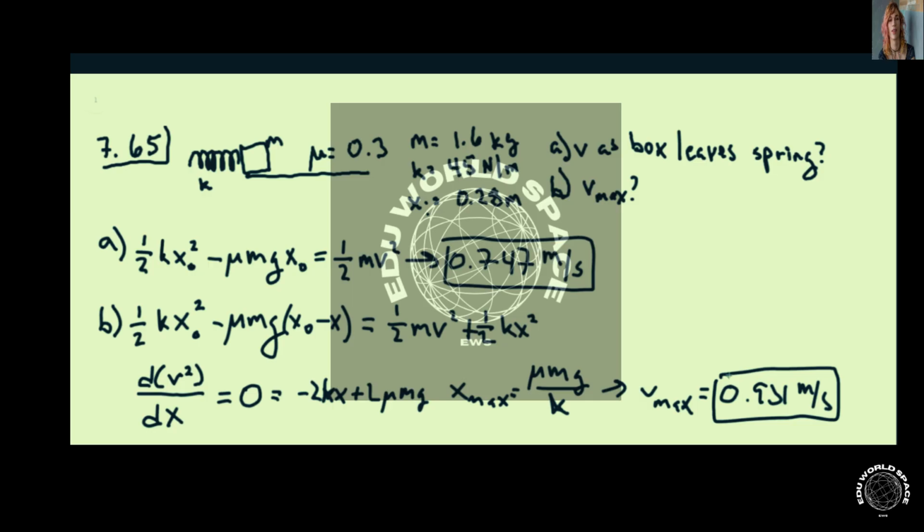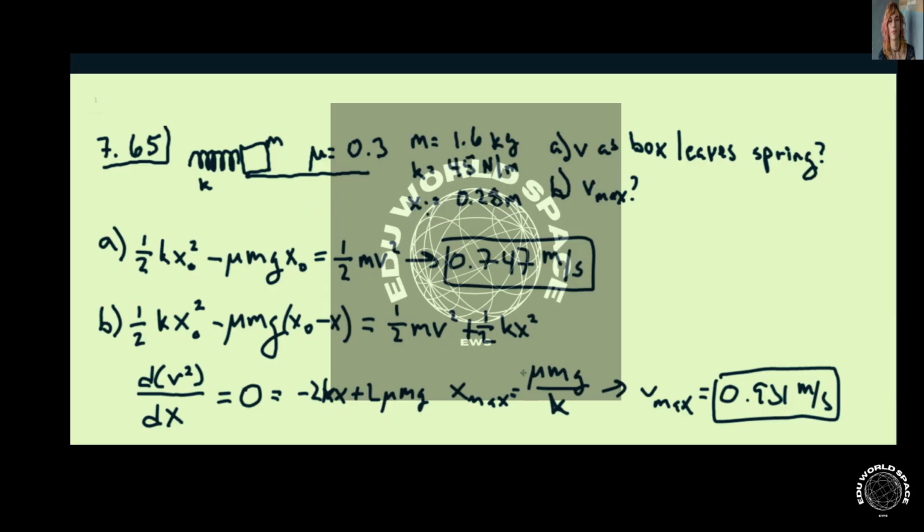And so it is the case that, depending on the coefficient of friction and the spring constant, the box will reach its maximum speed sometime before it stops being forced by the spring, which makes sense because the force of friction is acting against the spring. The strength of the spring is decreasing as it expands, and so at some point it's going to reach a peak and then start coming down.